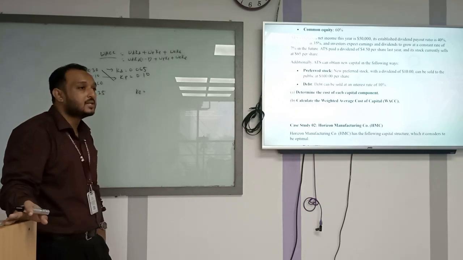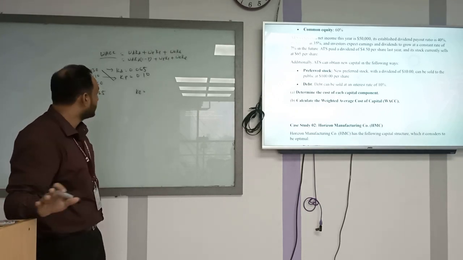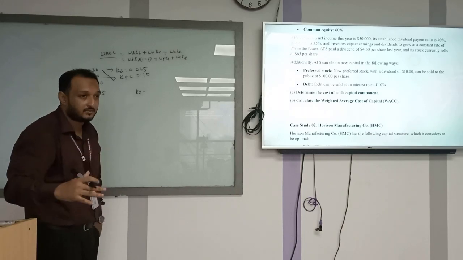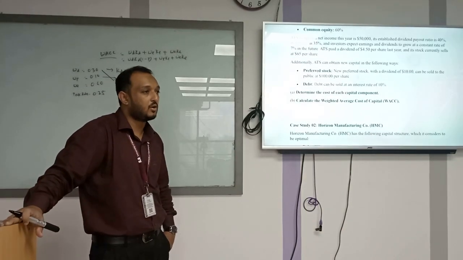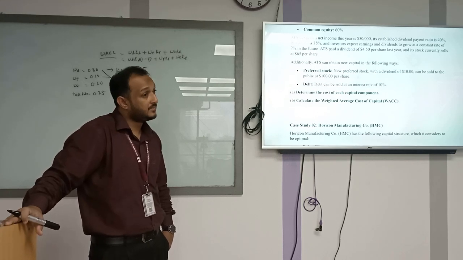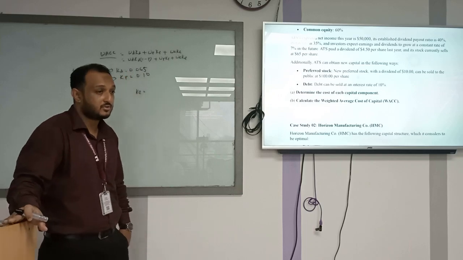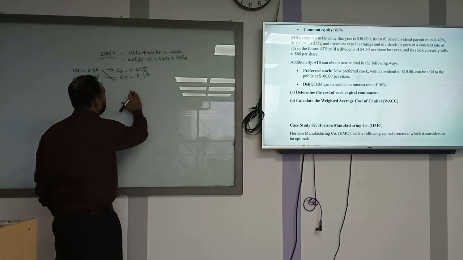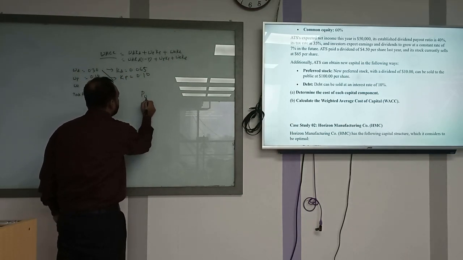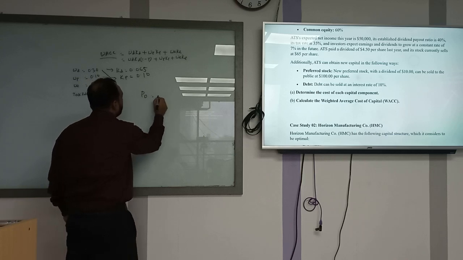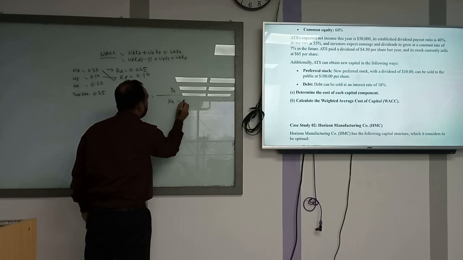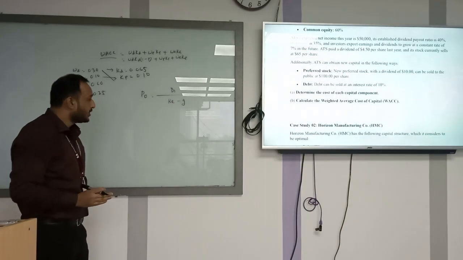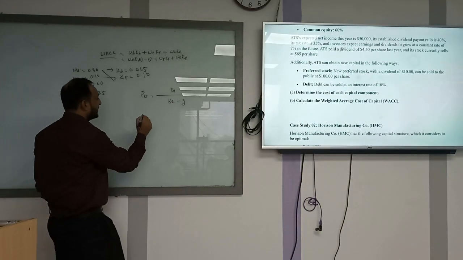So with this information, I can use the dividend growth model, or Gordon growth model. If I need to determine the price, the formula is D1 divided by KE minus G. What information is given here?